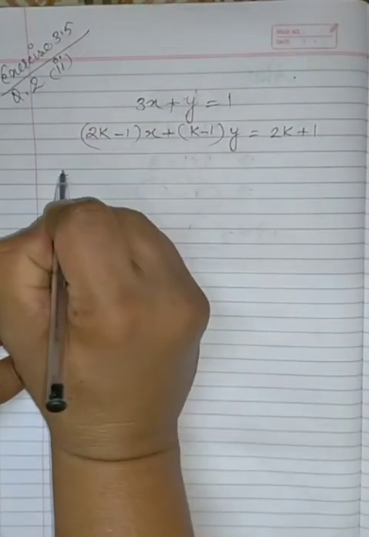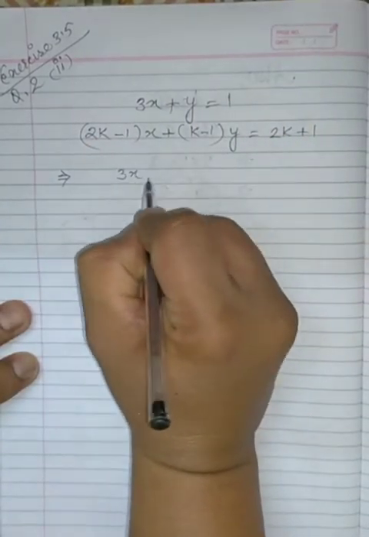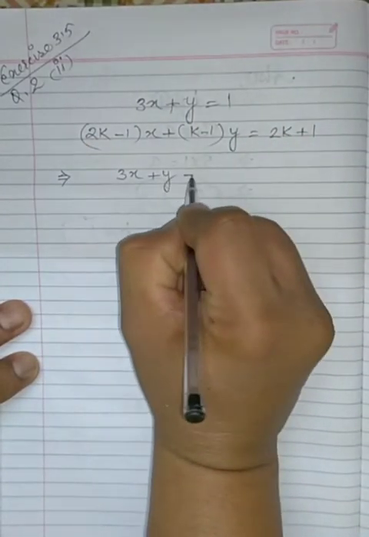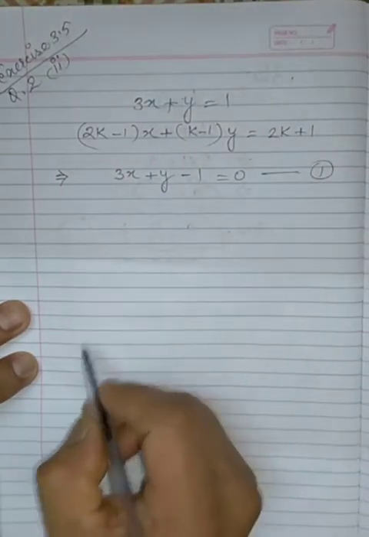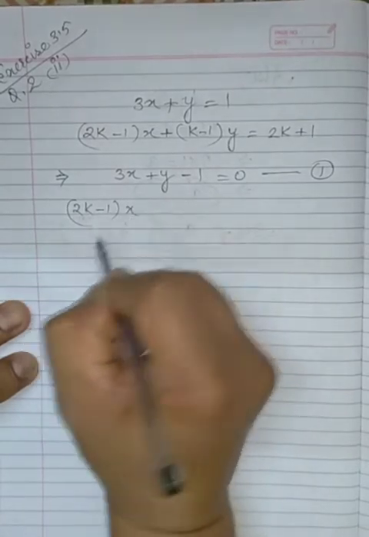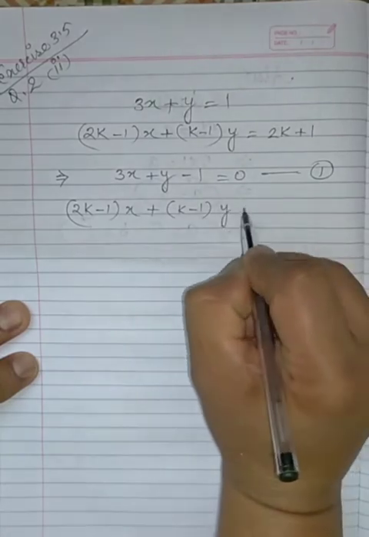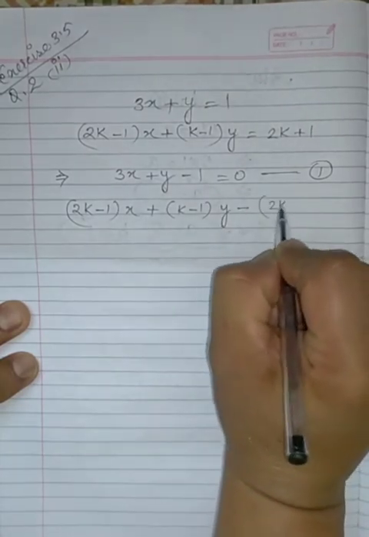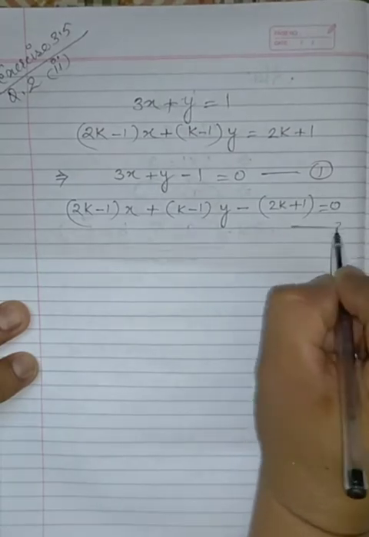So first of all, we have to convert both the equations in standard form. So 3x plus y minus 1 equal to 0, equation number 1, and (2k minus 1)x plus (k minus 1)y minus (2k plus 1) equal to 0, equation number 2.